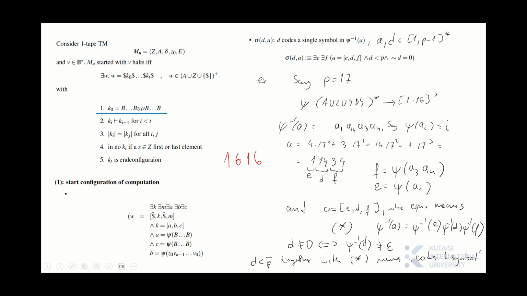If you write it this way, you're not able to say whether it's 16 times p to the power 1 plus 16 times p to the 0, or maybe it's 16 times p to the 0 and then 6 times p to the 1 plus 1 times p squared. These are two different numbers.